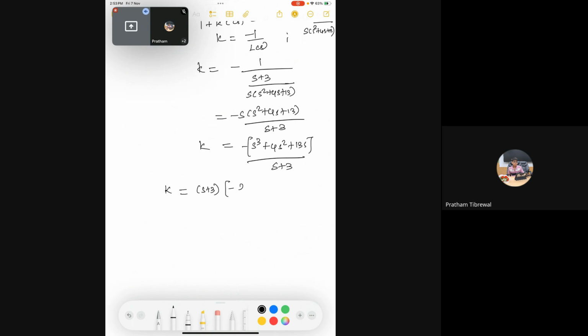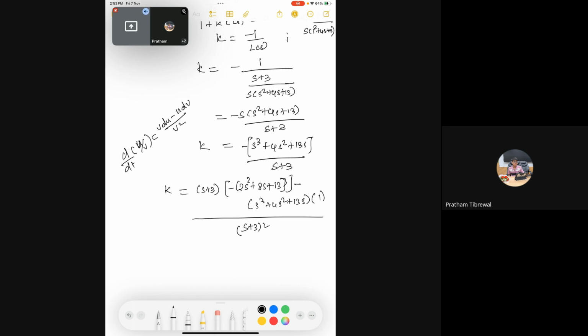Minus (2s square plus 8s plus 13) minus (s cube plus 4s square plus 13s) into the derivative of the denominator, right? It will be 1 divided by v square. You all know this, right? d by ds of u by v is (v du minus u dv) by v square.